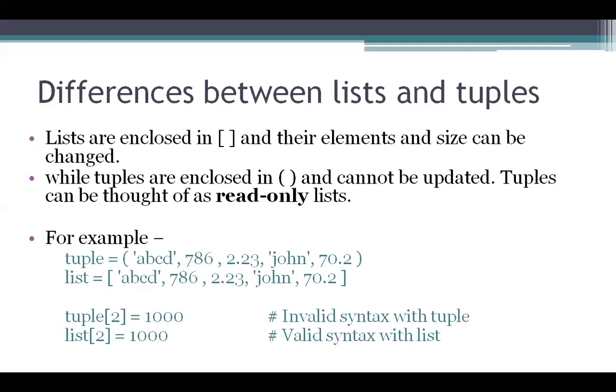If you notice the operations we performed on lists, I used append, remove, and with the help of an index I added an element to a specific position. But in the tuple, we have not performed any such operations, because it doesn't support them.